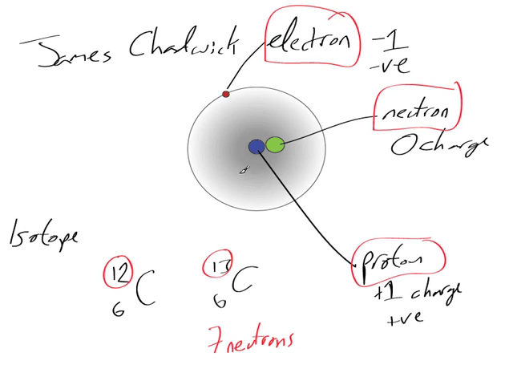So it is very important, and also it's very important for radioactive compounds as well, because you'll see different radioactive decays based on the number of neutrons that are present.